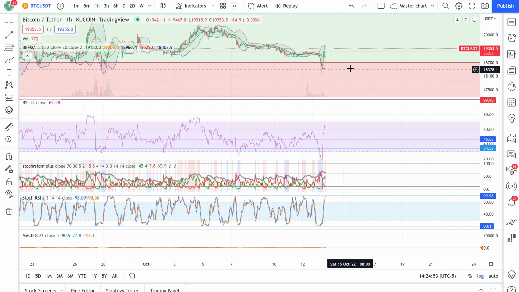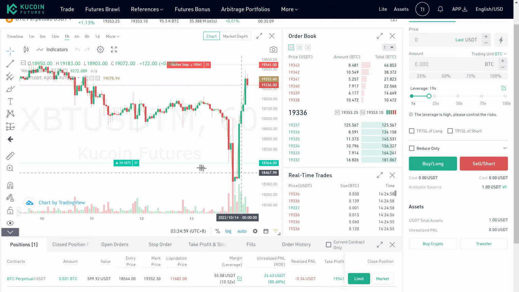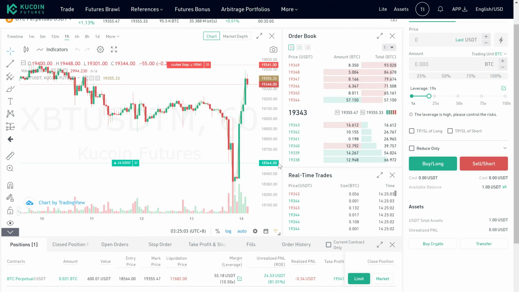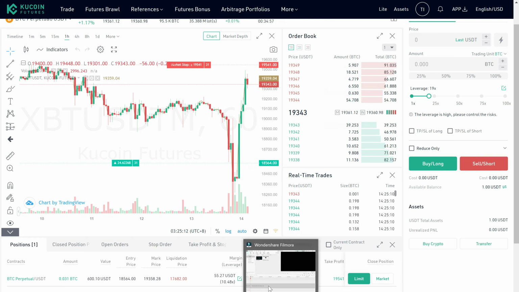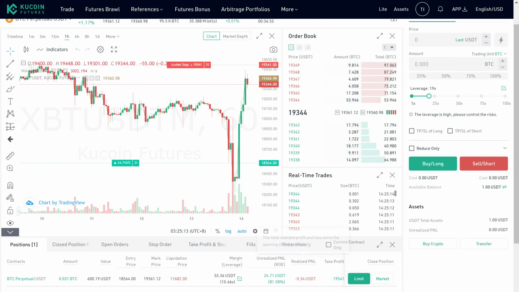It let me know this morning, and my entry was basically here with this green candle at 18,564. My entry was there at 19x with all the money I have, and with 81% return.